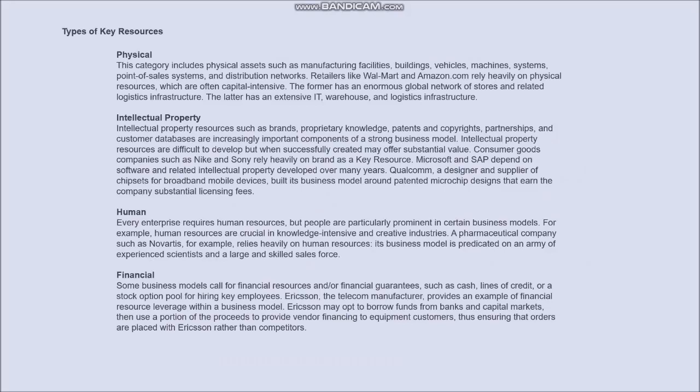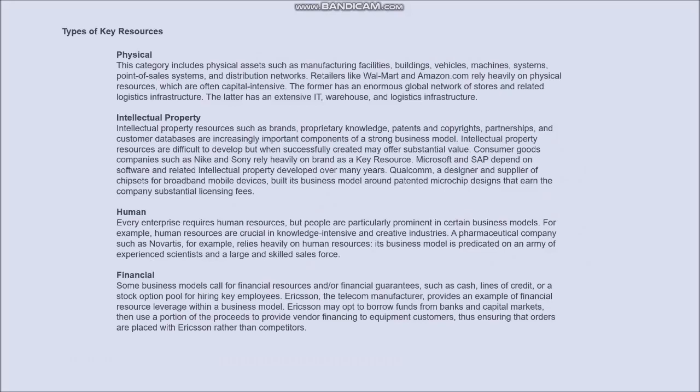Secondly, intellectual property. Intellectual property resources such as brands, proprietary knowledge, patents and copyrights, partnerships, and customer databases are increasingly important components of a strong business model. Intellectual property resources are difficult to develop, but when successfully created may offer substantial value.